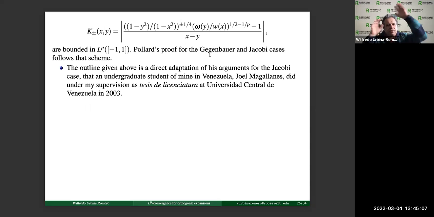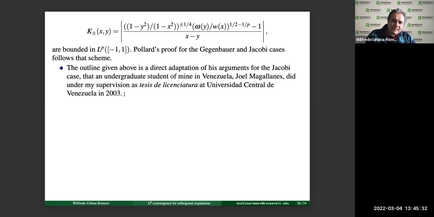So this is a very difficult topic, but if you rewrite things just for the Jacobi case, you can get it. And this is what a student of mine did back in 2003 in Venezuela. So we wrote the proof, not the general proof, but just for the Jacobi polynomials, to understand.